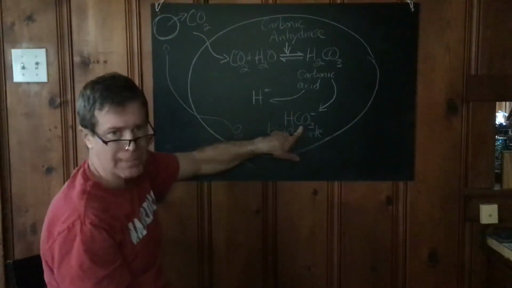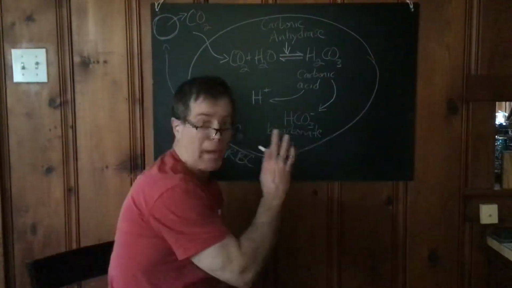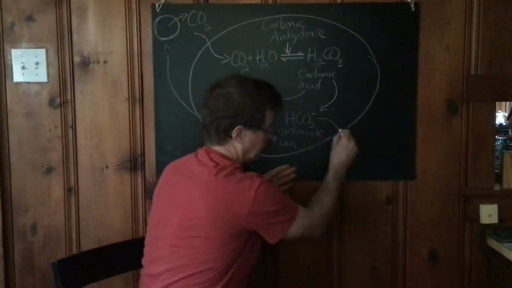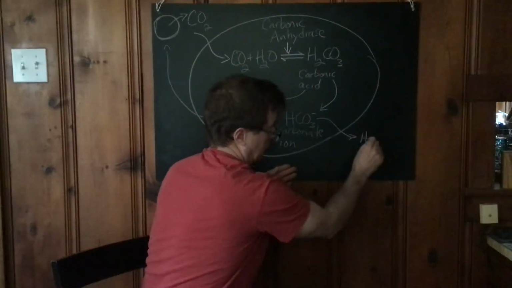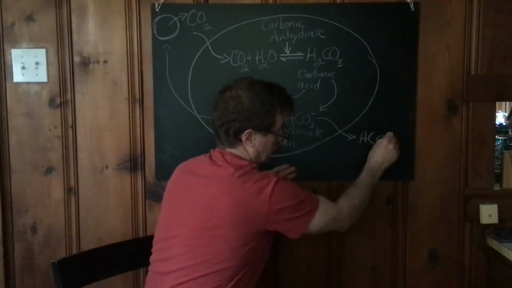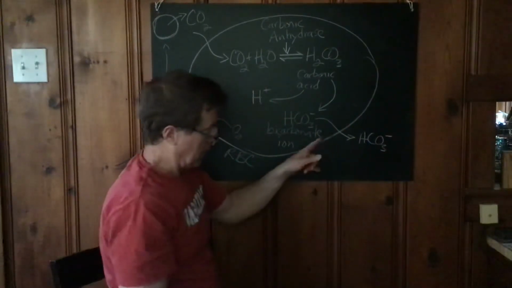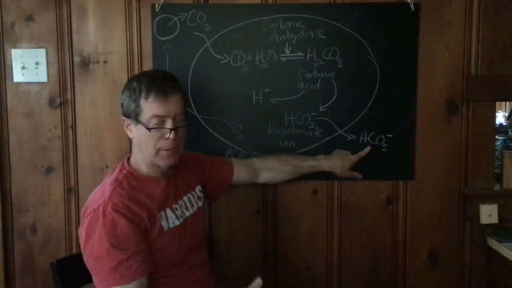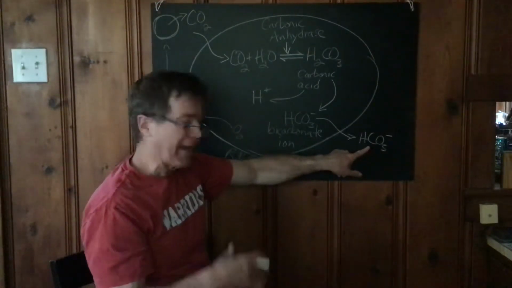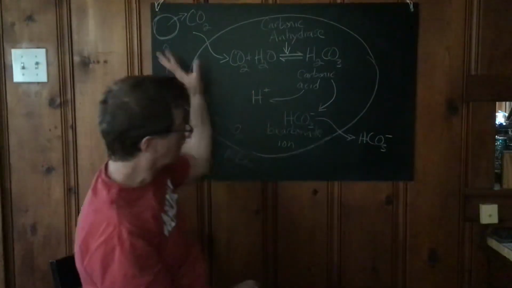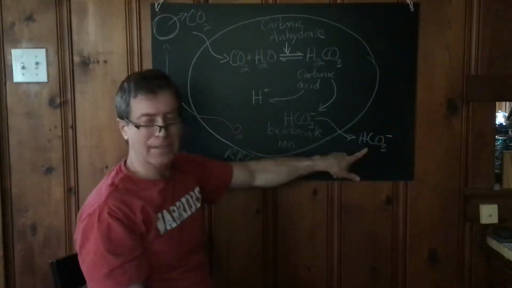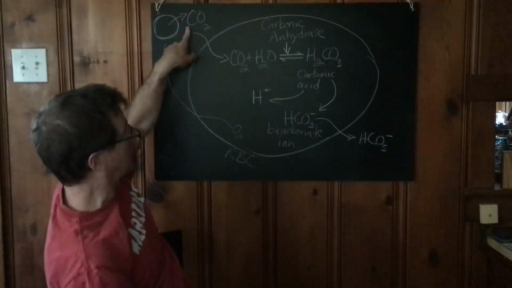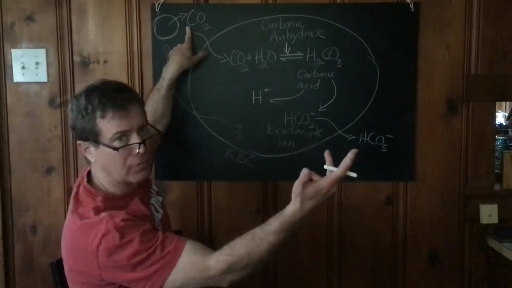Now the CO2 is hidden in here, and this bicarbonate ion then diffuses out of the cell and travels back to the lungs in this form, in the plasma. When it gets to the lungs, I want you to know all this business. When it gets to the lungs, basically all of this happens in reverse. We produce this CO2 and we exhale it from our lungs.